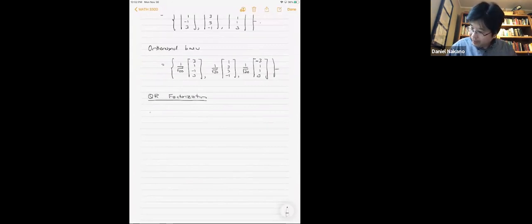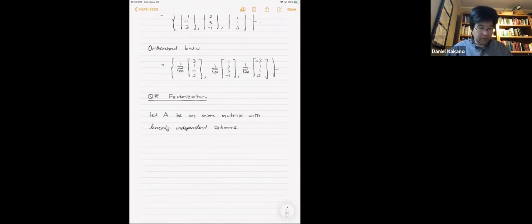Let A be an M by N matrix with linearly independent columns.